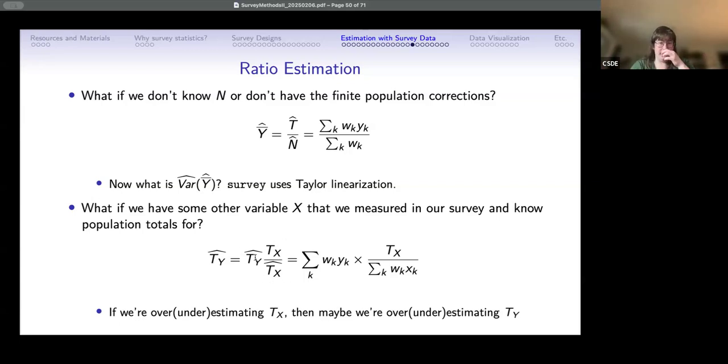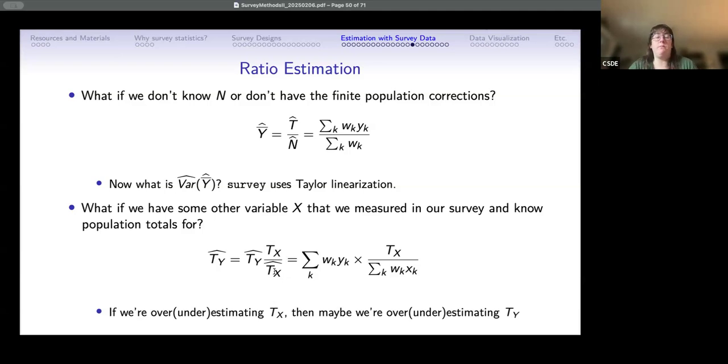But at the individual level, or at the population level, we don't know anything about Y. And then if we collect information about income in our survey, we can compare the estimated total income in our population from our survey to the real total income in our population that we observed somewhere else, right?